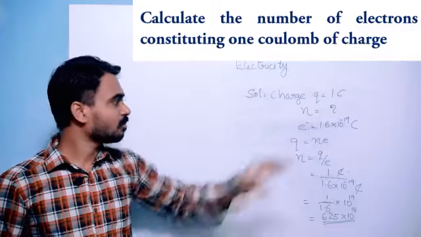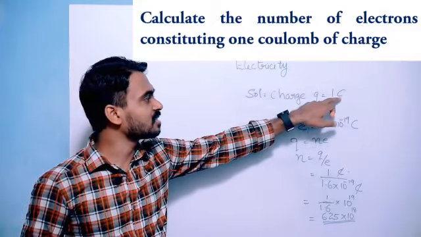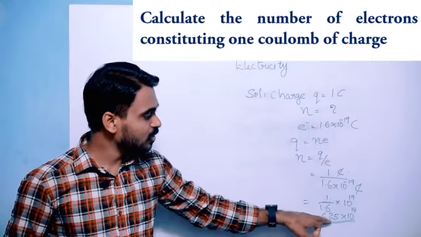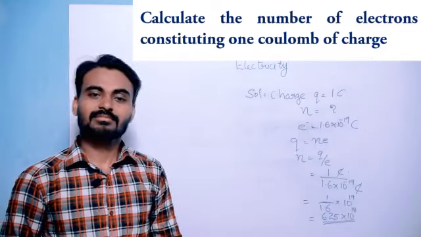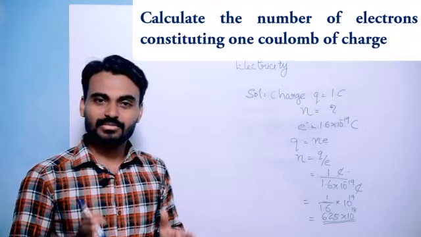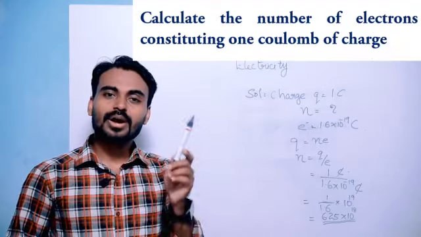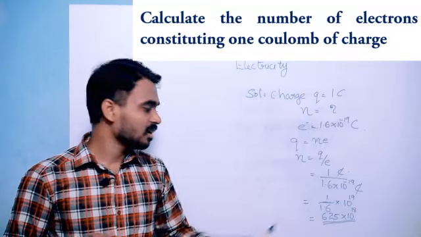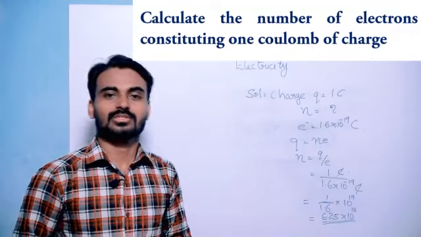By doing this problem, we find that 1 coulomb is the charge contained in 6.25 into 10 raised to 18 electrons. So we can define 1 coulomb, the unit of charge: 1 coulomb is the charge contained in 6.25 into 10 raised to 18 electrons.